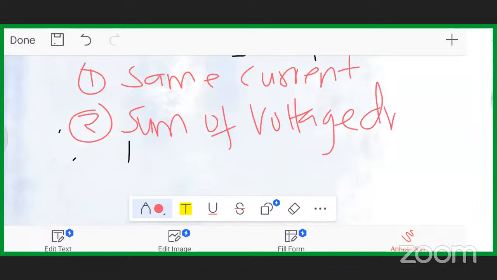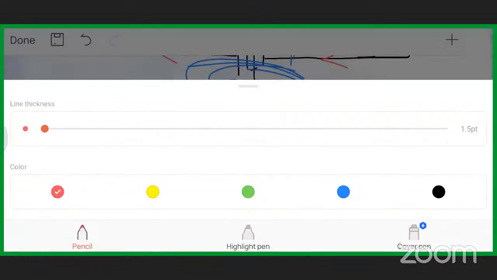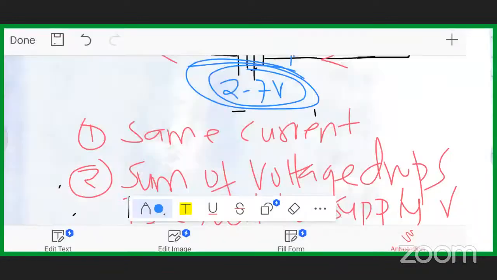So the sum of voltage drops across each is equal to the supply voltage, the voltage being supplied to them. So if the supply voltage is 10, then if you add those individual voltage drops, it will add up to that 10. These are the two things that I want you to remember and not forget at any instance.